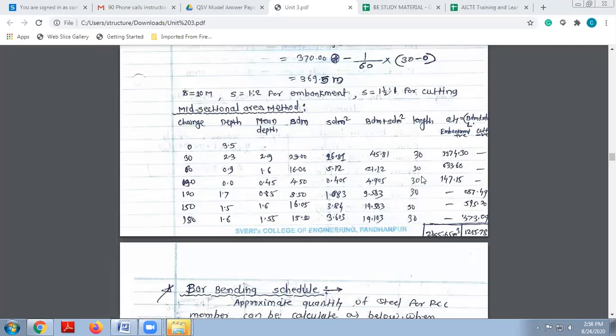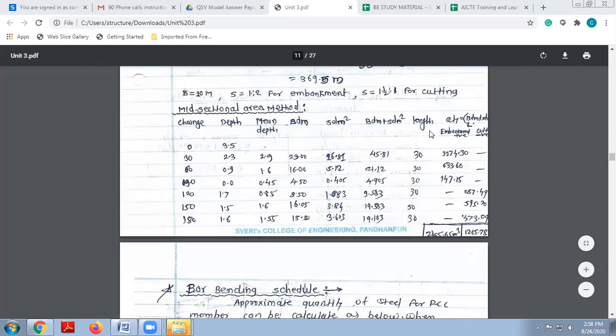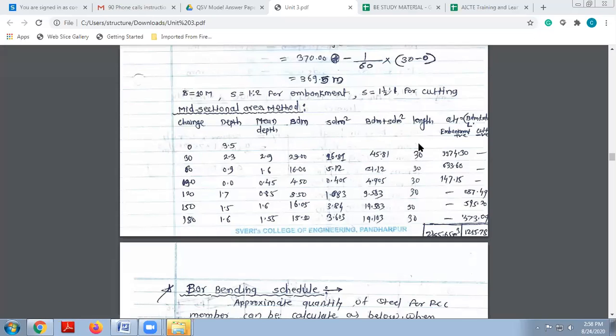Column number 7 will be length. See, the chainage interval is 30 meters, so the length for each chainage automatically becomes 30. How to calculate the length? It is very simple. Just observe the difference between the chainages. From 0 to 30, 30 to 60. So for the first, from 0 to 30, length is equal to 30.